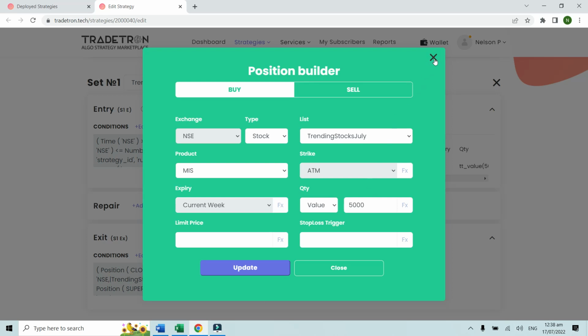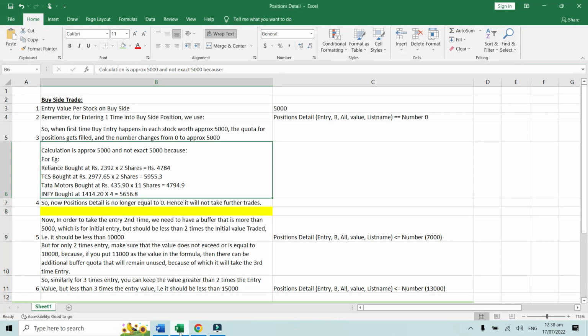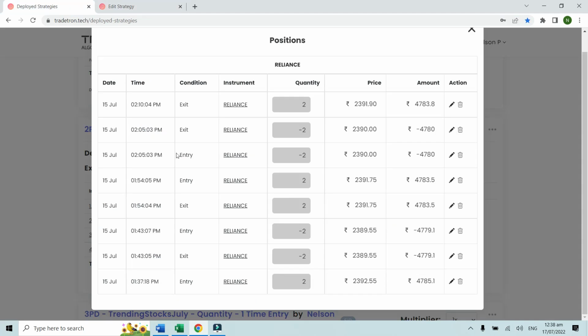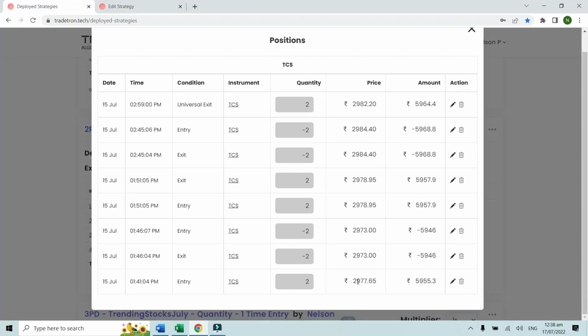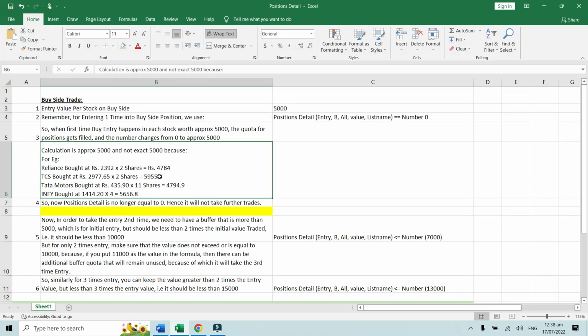So it will take whatever value is closest to this 5,000. Similarly for the second trade, TCS was bought at 2977.65. So that value comes to around 5,955 rupees.